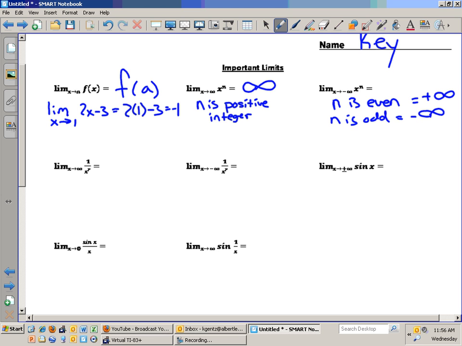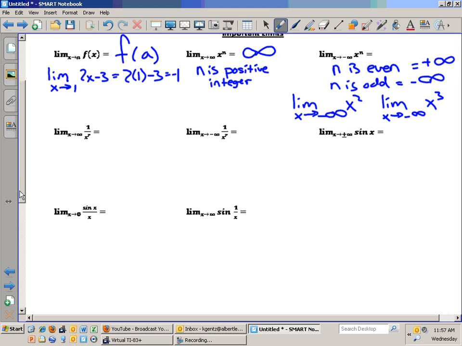Like, if you had the limit as x goes to negative infinity of x squared, well, if you square it, it's going to be positive. Whereas if I had the limit as x approaches negative infinity of x to the third, well, if you got three negatives, then it's going to be negative, right? So, pretty straightforward, right? Any questions?